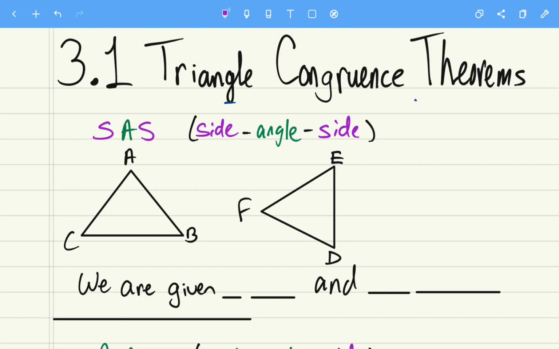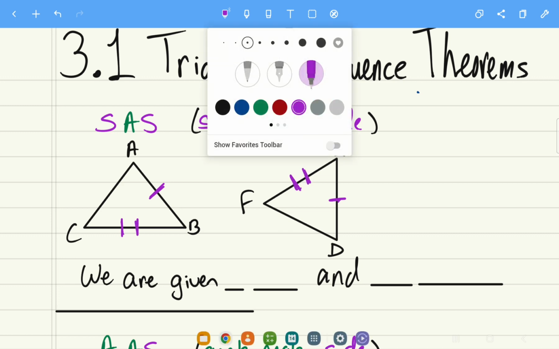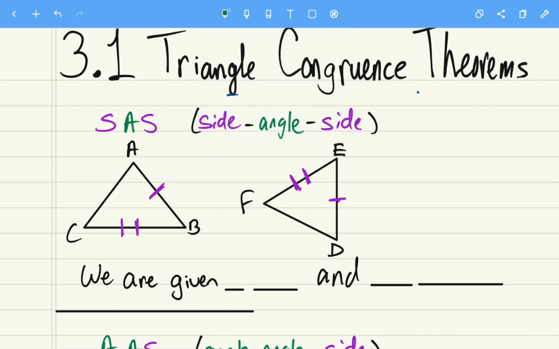The next congruence theorem we are going to cover is side angle side, or SAS. So this says we are given 2 sides. So let's say AB and DE are the congruent sides. And then CB and EF are corresponding sides.